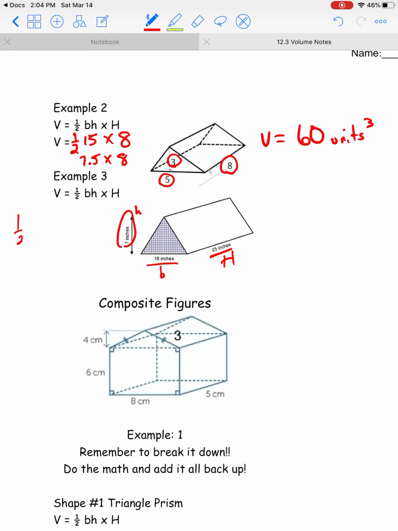So you have 1/2 times base times height, 18 times 7, times the big H, 25. So 18 times 7 gives you 126. Divided in half, or times 0.5, gives you 63. And if you times that by 25, that's going to give you volume equaling 1,575. What do we got? We got inches. Inches cubed.